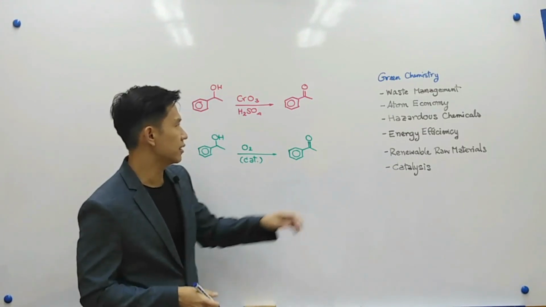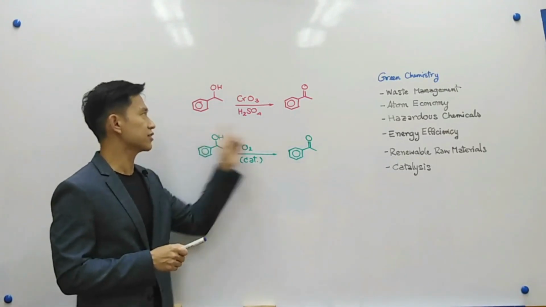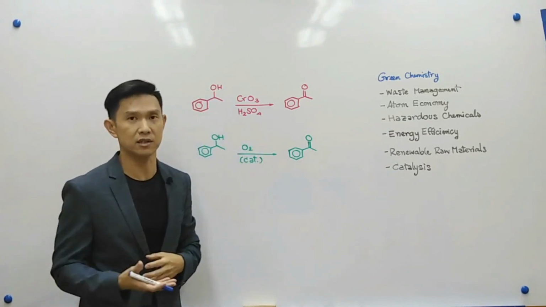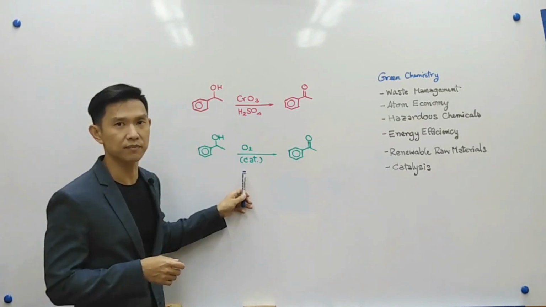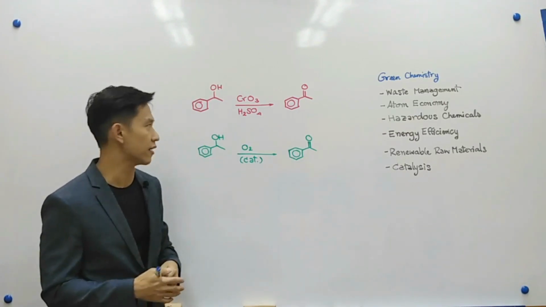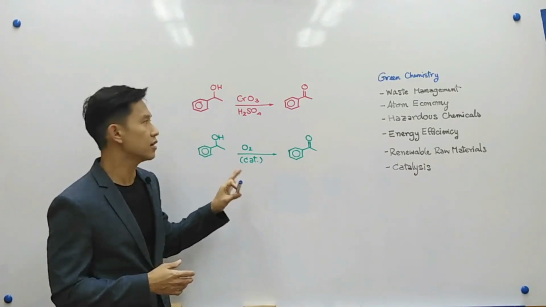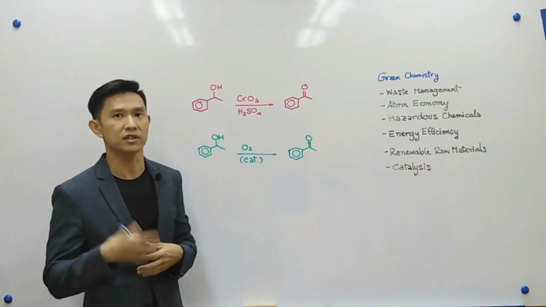What else? Energy efficiency as well. So normally the oxidation process like this, you need some kind of heat. But if you have a proper catalyst that can speed up the reaction efficiently, you don't have to use much heat. Heating the reaction up requires energy, right?